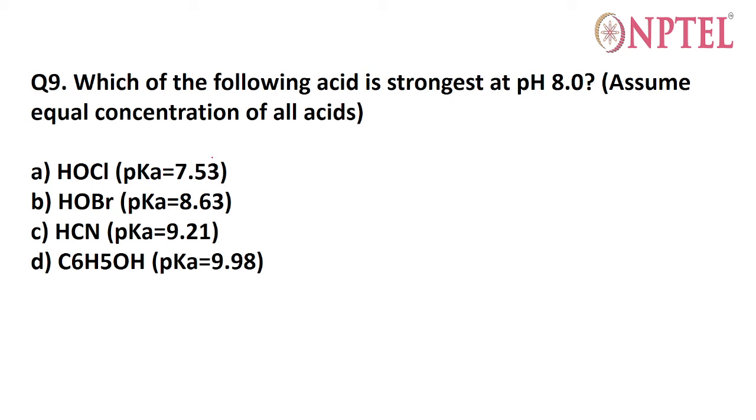So this is my pH. Yes, pH is here. Your answer is right, HOCl, because pH is greater than pKa. Yes, this is 8. I missed it, I thought it was something different. So pH should always be greater than pKa.